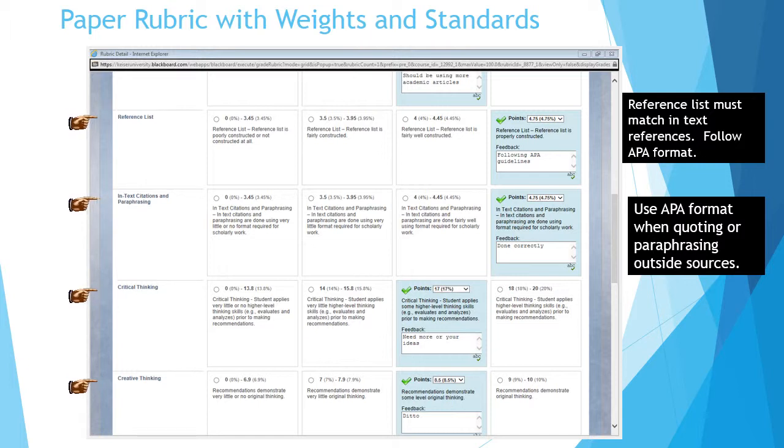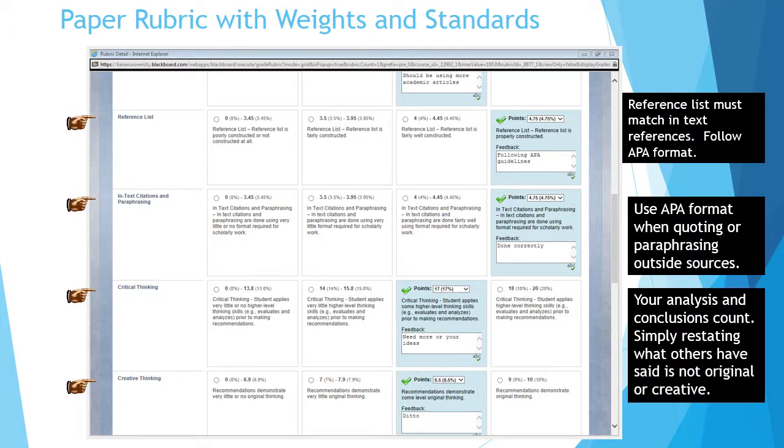So you need to demonstrate that you actually understand what the authors of the sources that you're using are saying, and that you're able to combine them and dissect them and compare them in various ways that show you have a good understanding, you've thought about it, and you're going to come up with some original ideas. Your analysis and your conclusions count a lot. That's what we're trying to do here, is not simply restate what other people have said, but come up with some ideas that you can claim as your own.